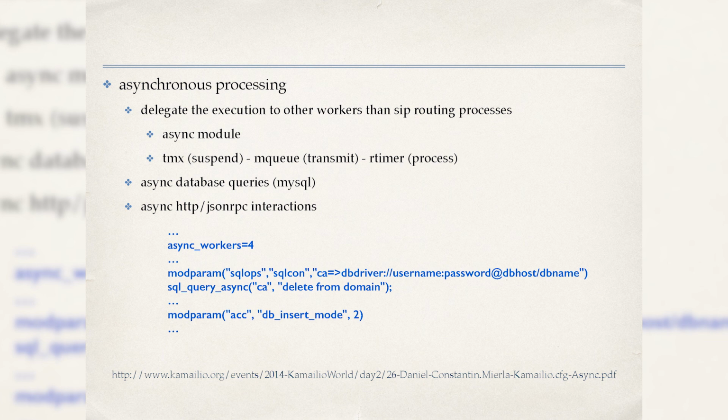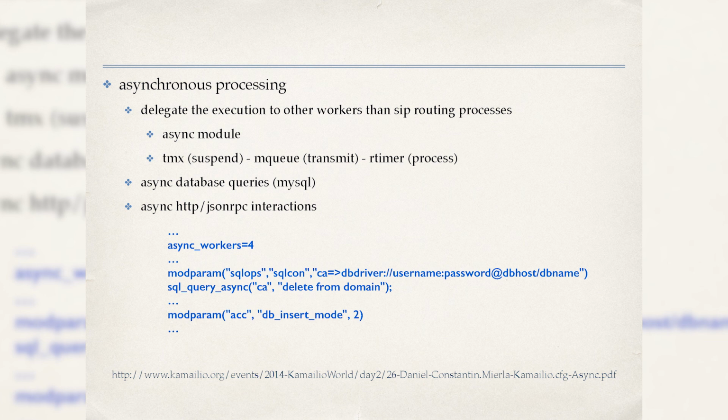Then you use an internal message queue to send it to another process, and then you can consume it, and that process could be started by our timer. Some of the modules for writing to the database have asynchronous database queries embedded, so it's a bit easier to use from the configuration file, without combining all those three modules or using the async module.